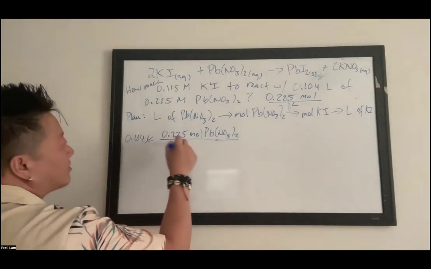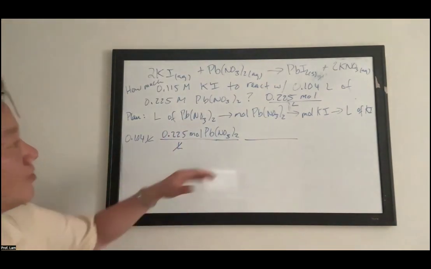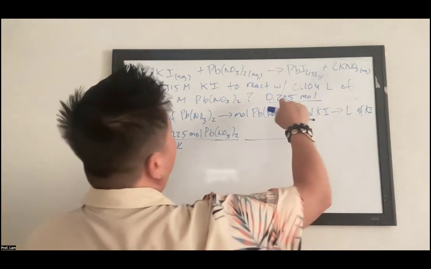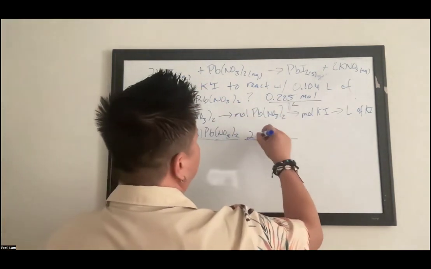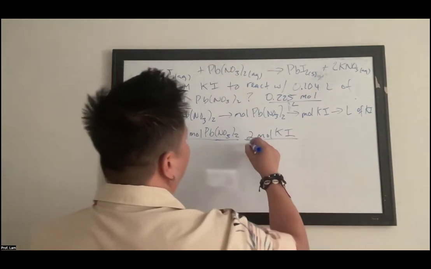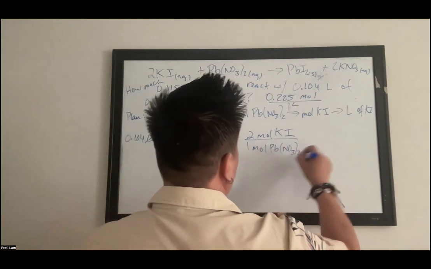The liter cancels. Now you go to the mole-to-mole ratio of lead nitrate to moles of KI, which is 2 moles of KI over 1 mole of Pb(NO3)2.